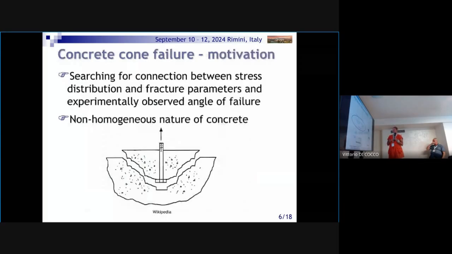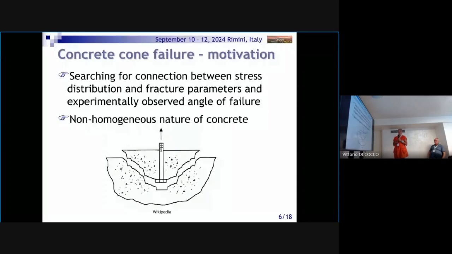So, as I said at the beginning, we try to find or explain why the crack propagates from the anchor in the direction that was observed experimentally.